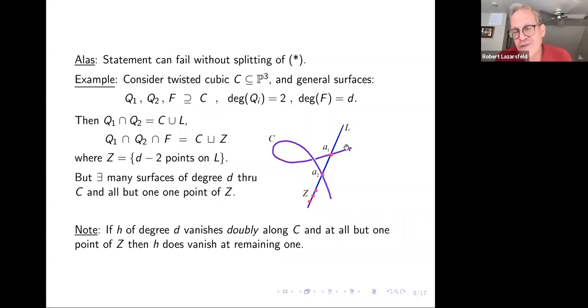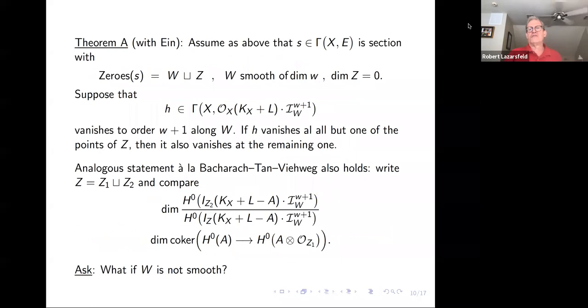So in fact, our surface has to contain L. So what that means is if we take a surface of degree D that vanishes doubly along C, then the points of Z do satisfy Cayley-Bacharach with respect to that, because they're forced to vanish along the whole line L. Okay, and that's an illustration of the first theorem I want to state.